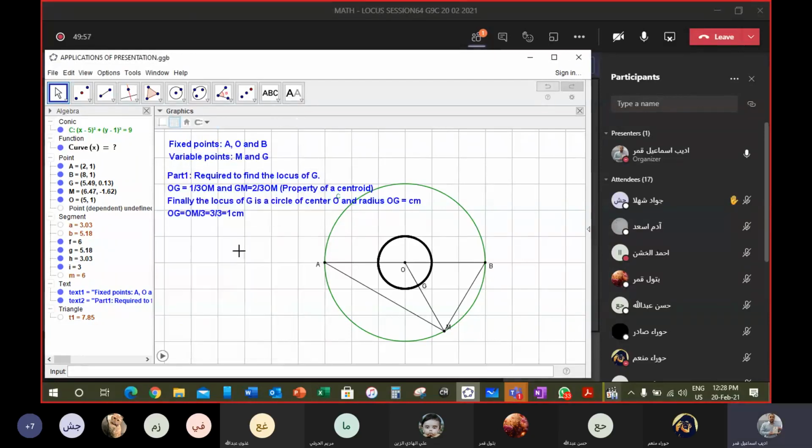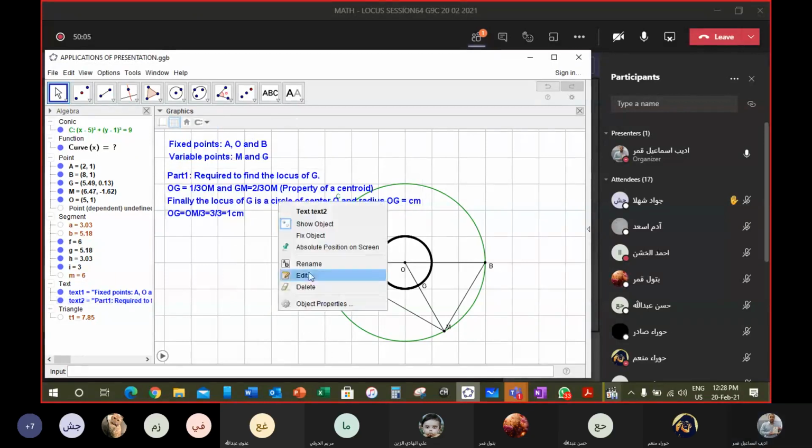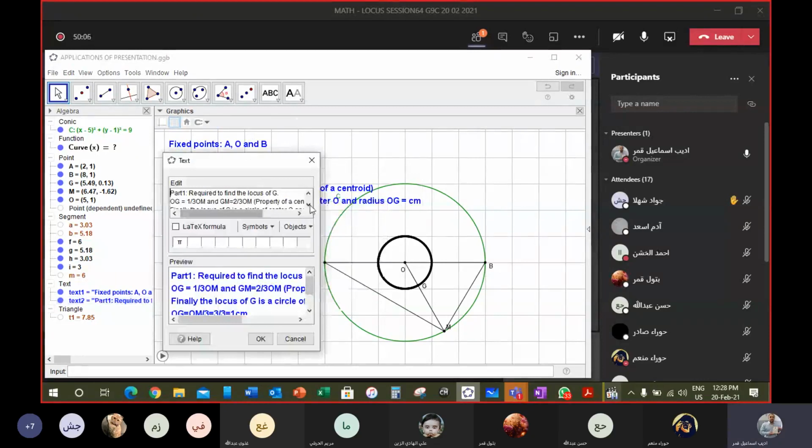Okay, finding the locus of G is a circle of center O and radius OG equal 1 centimeter.